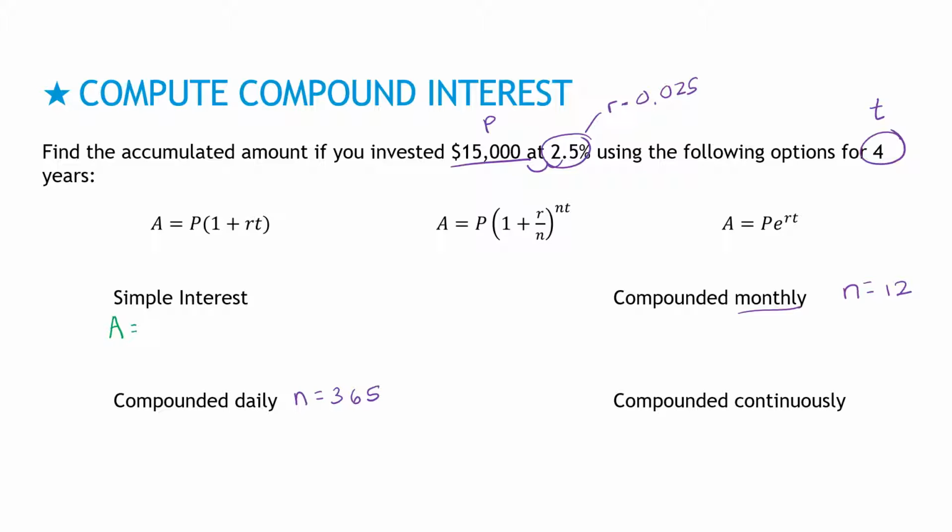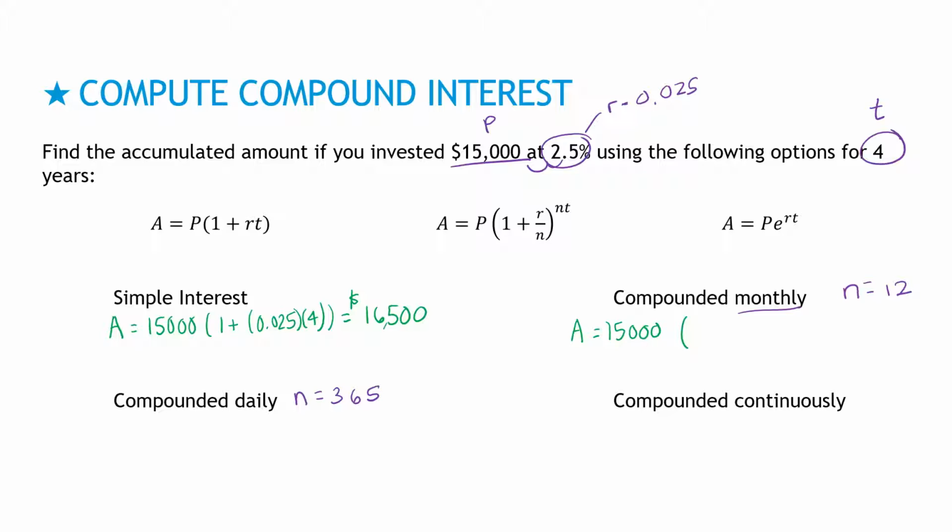The first one, A equals 15,000, and then it's 1 plus 0.025 times 4, and I don't need to simplify it any more than that. I'm just going to plug it into my calculator and find 16,500. Compounded monthly, same idea, 15,000.